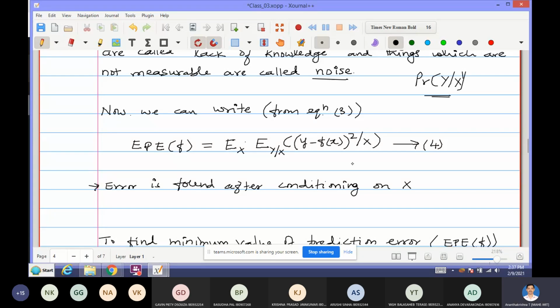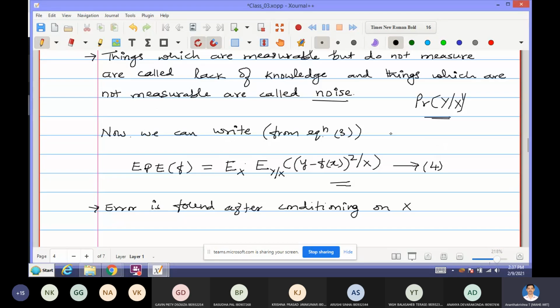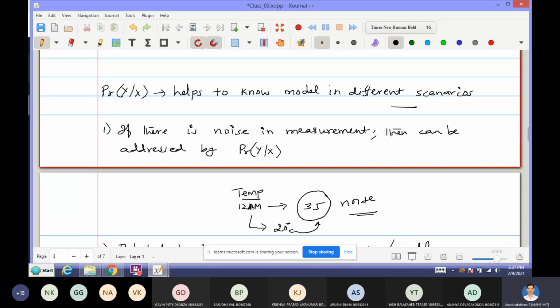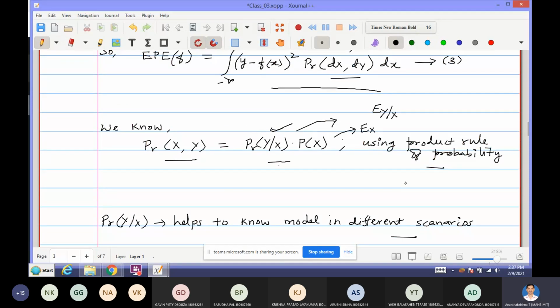Hope this point is clear. This is actually written from the previous expression by using the product probability rule that we had. Okay, product rule. Okay, fine.